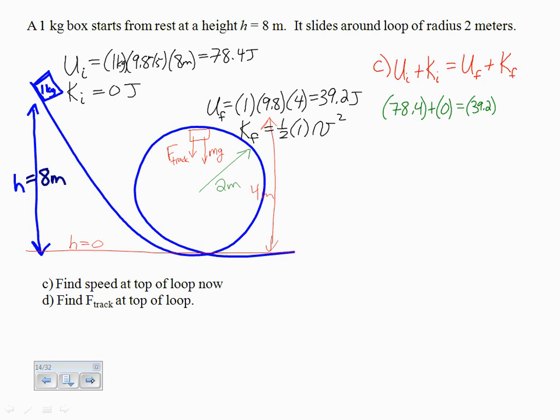Half of its energy has been converted into kinetic energy. So this final kinetic energy is going to be 1/2 times 1 times the speed squared. If we subtract 39.2 over to the other side, we have 39.2 equals 0.5 v squared. And if we solve that for the speed, we get a speed of 8.854 meters per second.